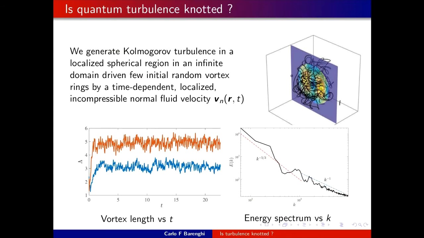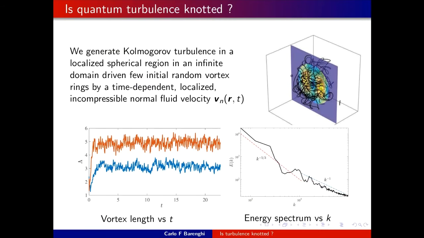It would be acoustic, or in other words, the vortex lines emit phonons. So we can maintain the turbulence in a steady state, and what you see in these diagrams at the bottom left, for example, is the total length of this tangle of vortices, which is represented at the top right, which fluctuates, and looks like random fluctuations in a very well-defined steady state.